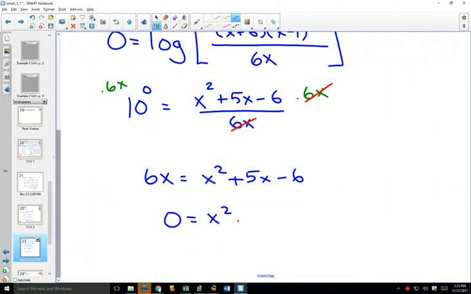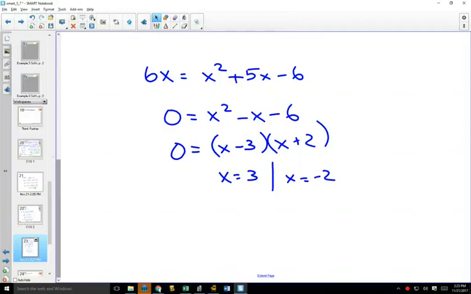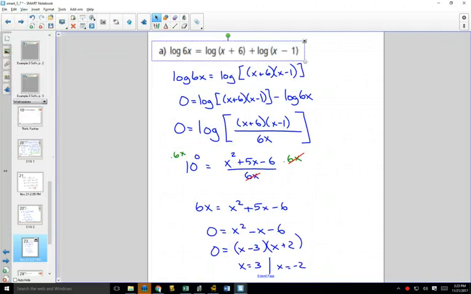I make one side equal to 0. Factor. And solve.